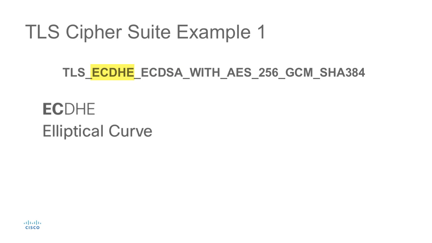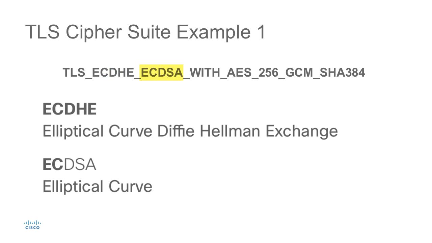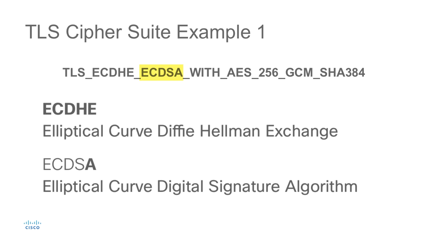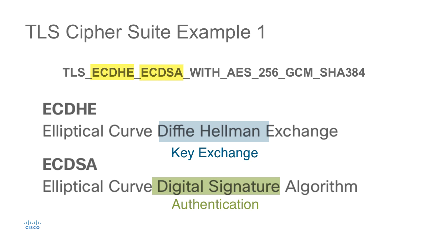EC is elliptic curve. The DH stands for Diffie-Hellman, and the E stands for exchange. Again, EC stands for elliptic curve, DS stands for digital signature, and the A stands for algorithm. So we have an elliptic curve Diffie-Hellman exchange and an elliptic curve digital signature algorithm that we're going to use for our key exchange as well as our authentication. So the authentication would be digital signatures, the key exchange would be Diffie-Hellman.